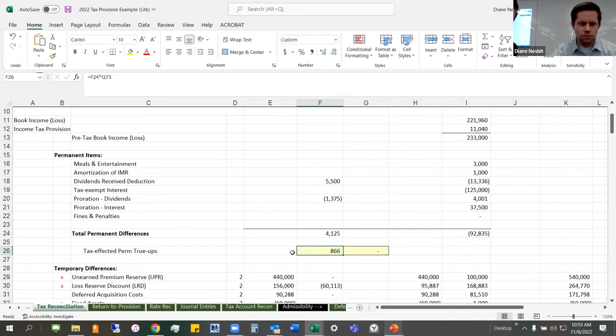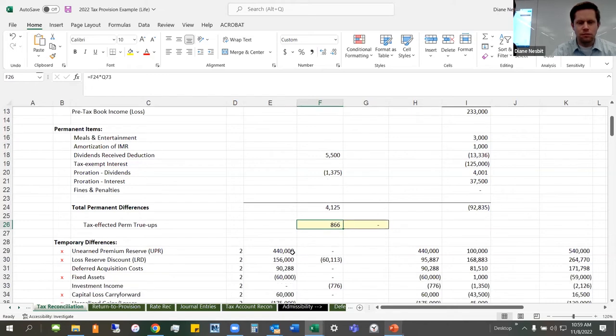I've got to record that $866 into my current year expense because I didn't do it last year and I was a little bit wrong. So I think the purpose of this true up column is twofold. One is that because we used estimates and the return ended up being a little bit different, I've got to true up my expense, because my expense last year was either over or understated, and I need to make up for that this year.